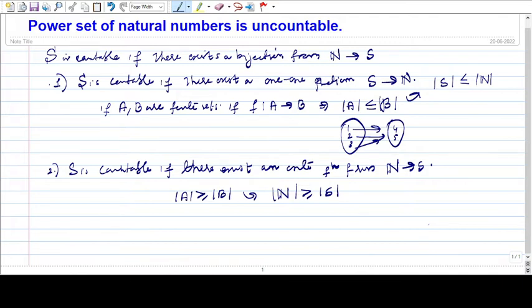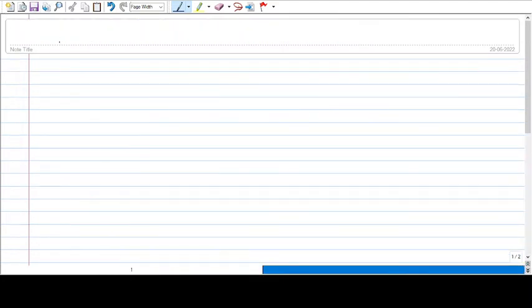So we have to understand what is a power set of natural numbers. We know that natural numbers start from 1, 2, 3, 4, 5, and it goes on, because these are the numbers we use to count objects. Now, power set means what?